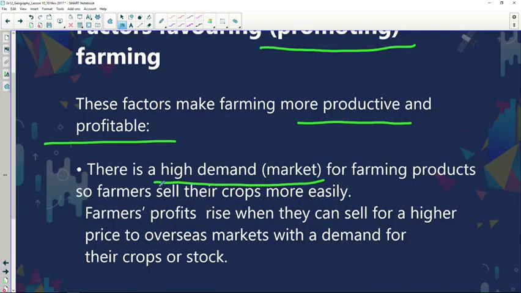Now, if you look at it, farmers' profit rises when they can sell for a higher price to overseas markets, like I explained to you, especially the wine industry. But not only is it important for exports, it's also important to the local community, the local population of Southern Africa. Now, if you look at the wine industry, for example, the farmers that farm their grapes over there, what do they do with the grapes?